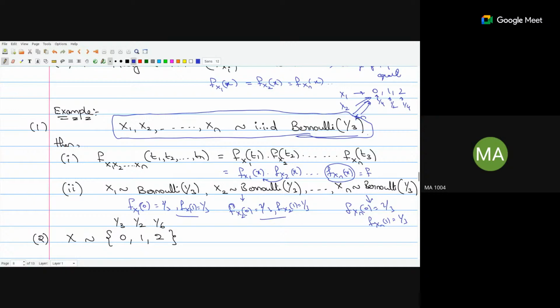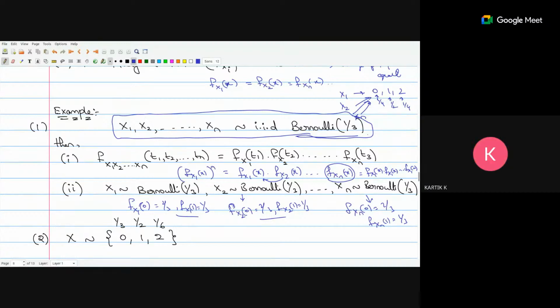So it is simply the product of fx1 of x times fx1 of x, because they are identical, I can replace x2 to xn with x1 only, till fx1 of x. So this fx1 of x appears n times. So we will get fx1 of x whole to the power n.